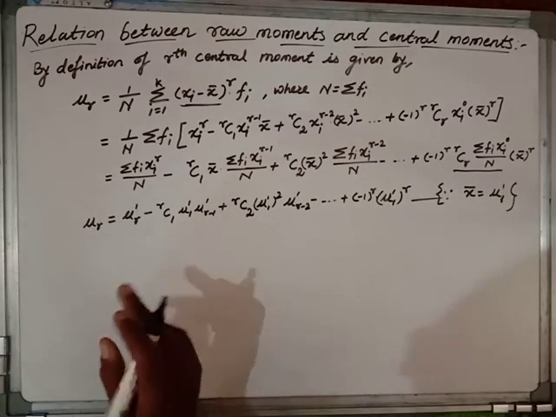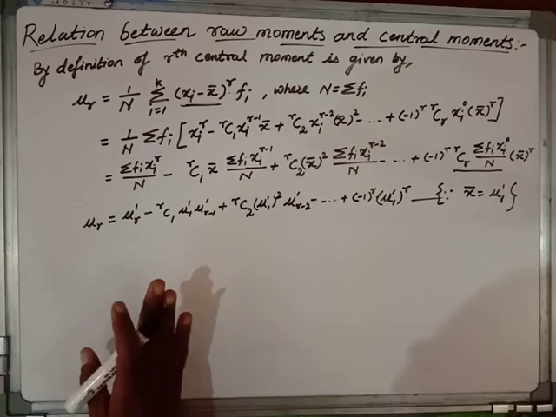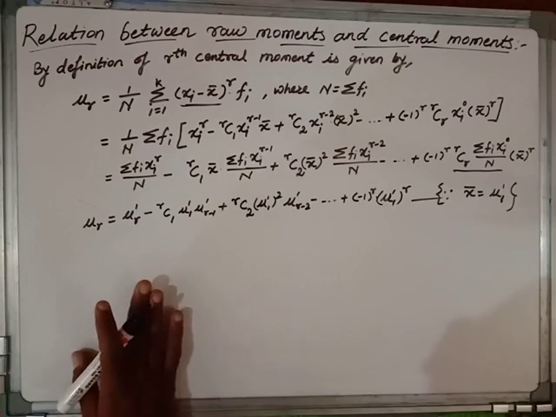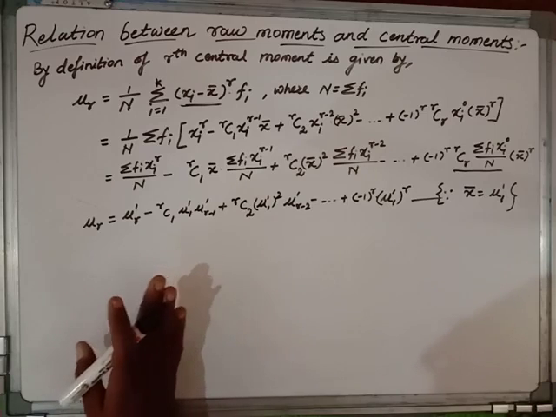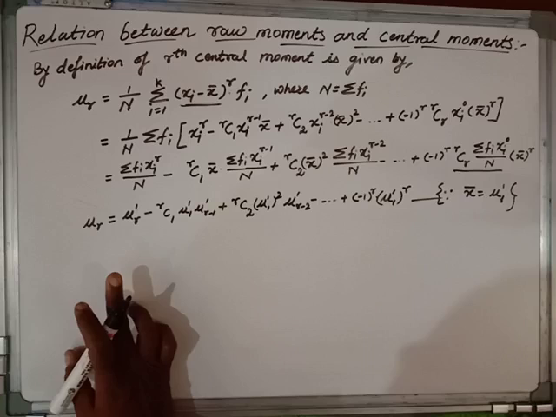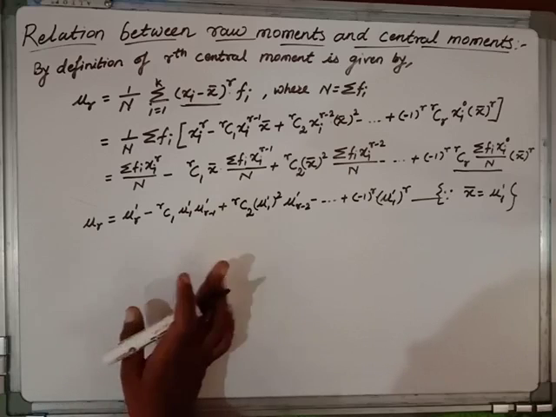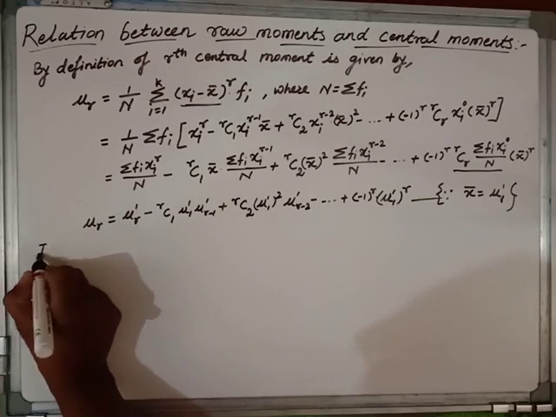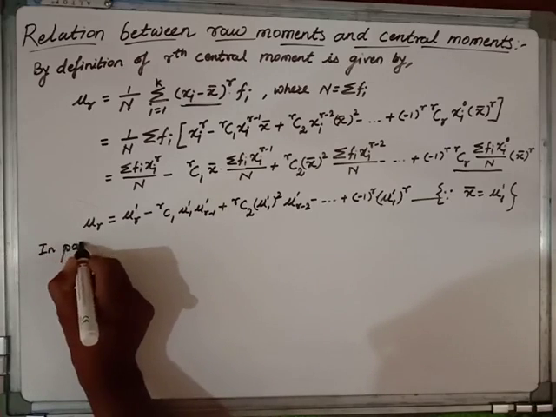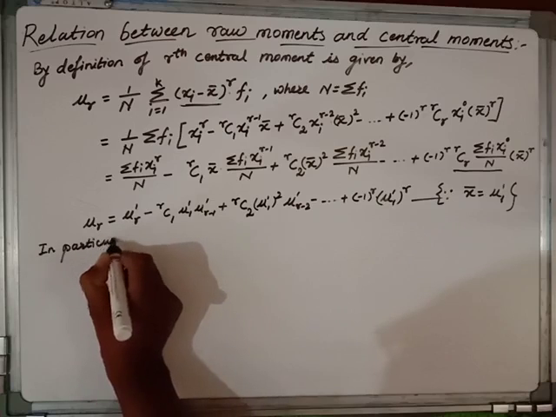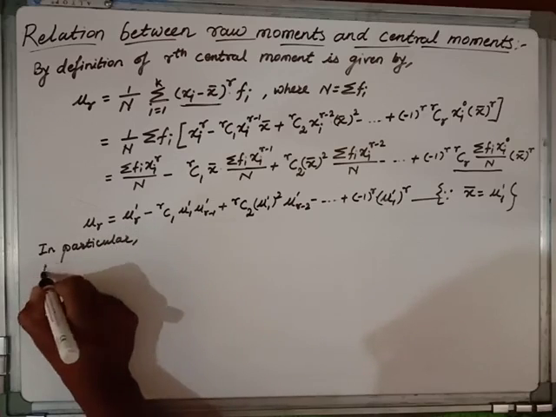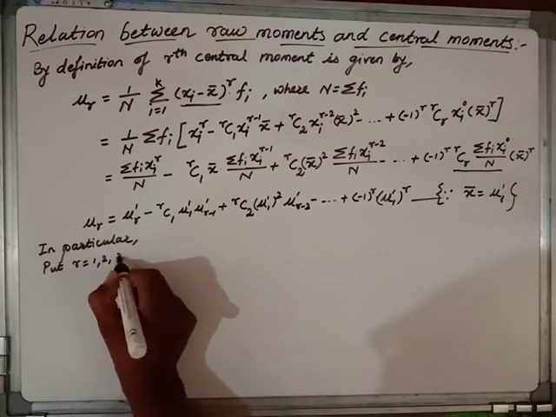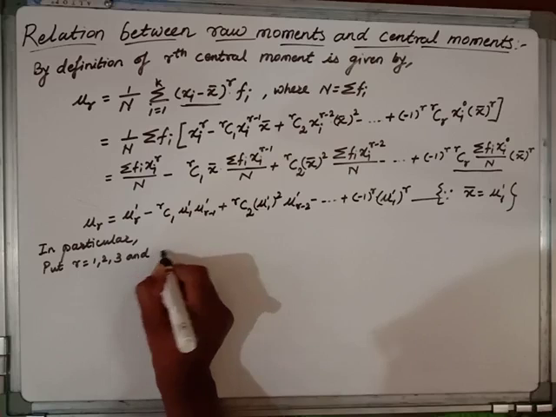Now here, in particular, most of the time we are asked to find the first 4 central moments. So let me put the values of r from 1 to 4 and check what the values of them are. So in particular, put r equal to 1, 2, 3 and 4.